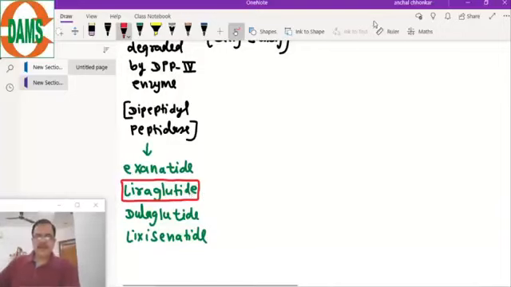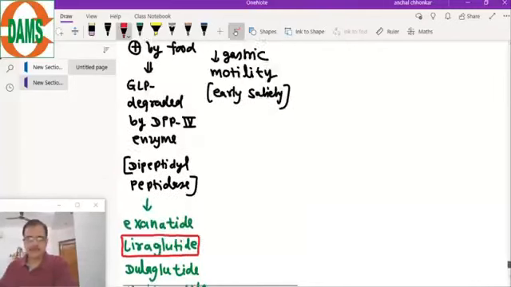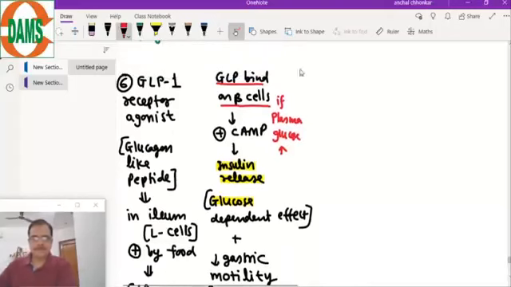Now, whether it will cause hypoglycemia, the answer is it will not cause hypoglycemia because it is a glucose dependent action. So hypoglycemia will not be seen here. The type of control with these agents is, they cause insulin release, so they will cause the PP reduction.